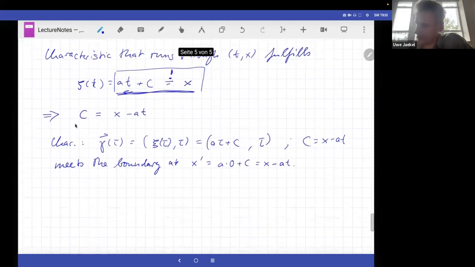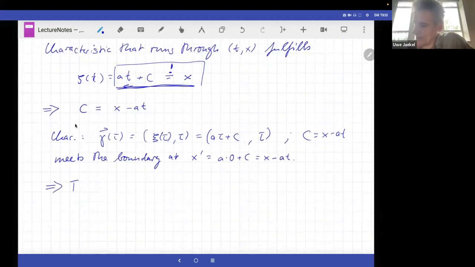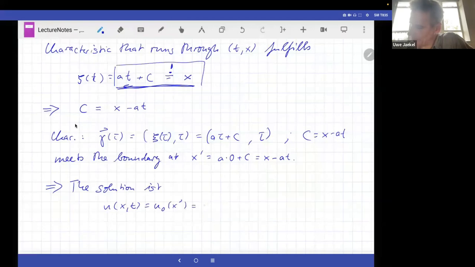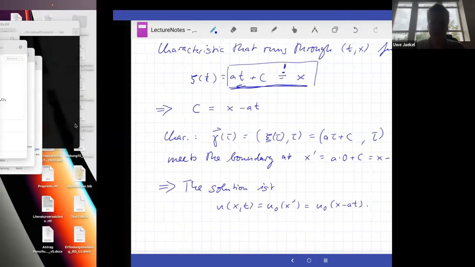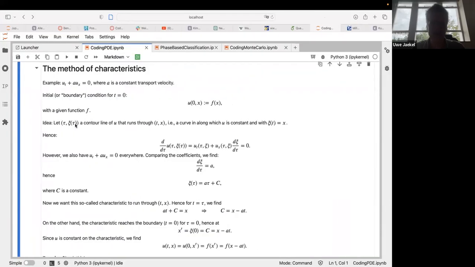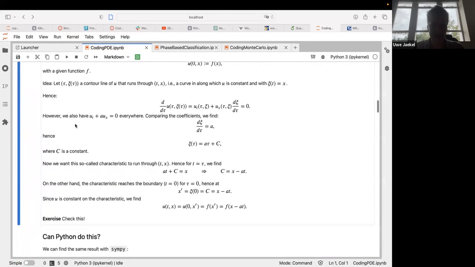And therefore the solution is u of x, t equals u0 of x prime, and this is u0 of x minus at. This is the solution of our transport equation. Now we have found the analytical solution of this transport equation.